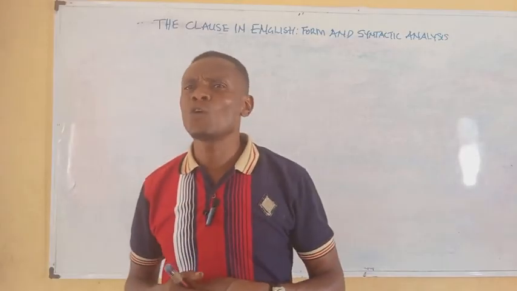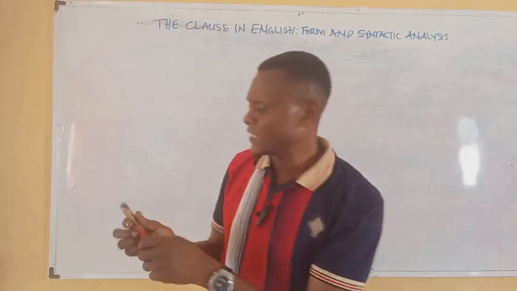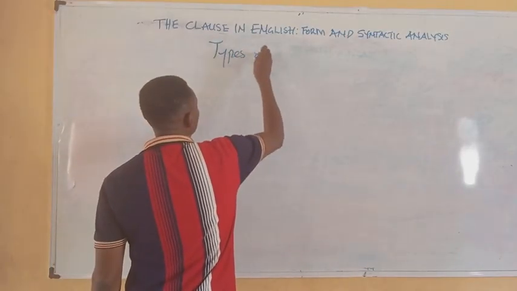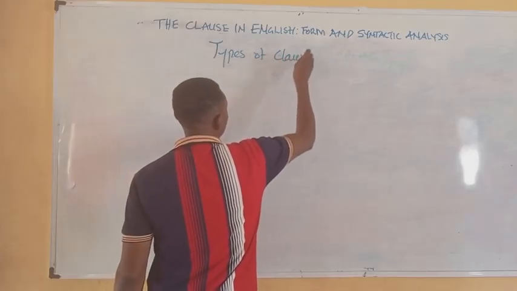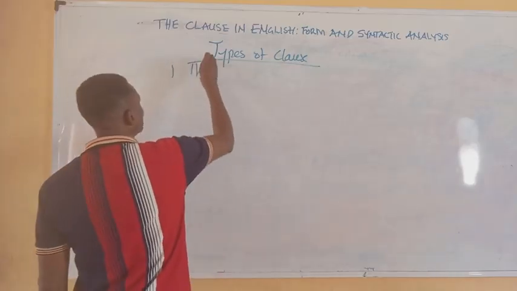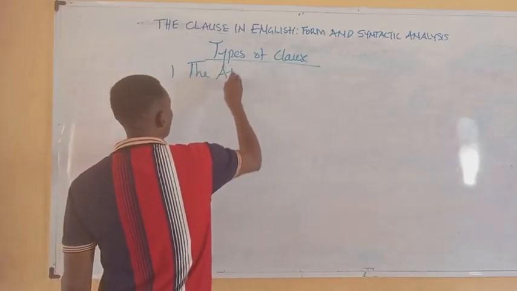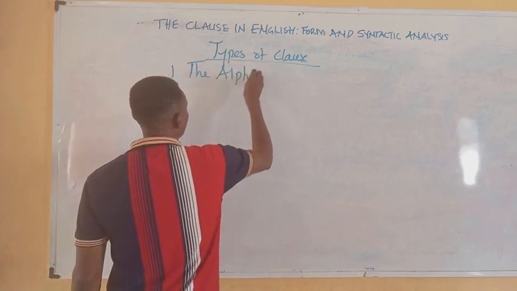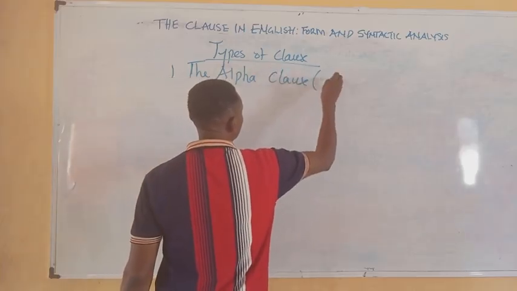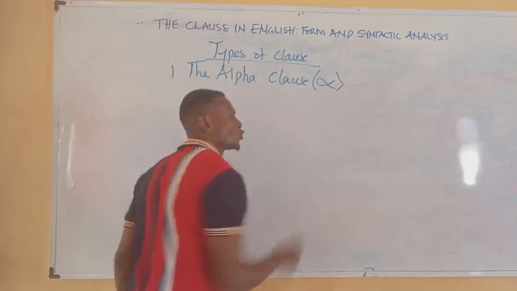So, types of clause. Let's look at the types of clause. Number one, we have the alpha clause, with the alpha sign.